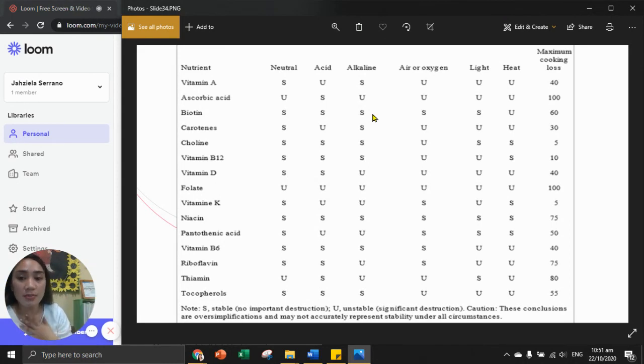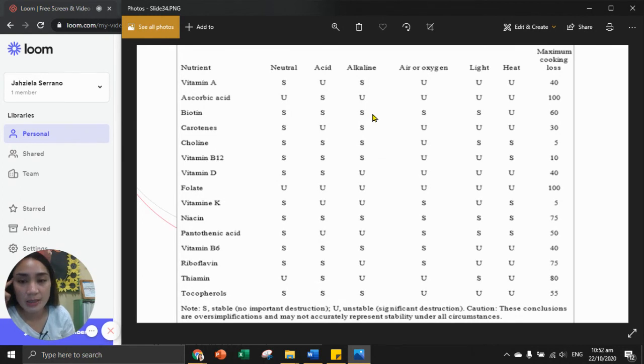So, yung mom ko, ginagawa niya yun whenever nagkakaroon ng masakit na lalamunan yung daddy ko. So, nag-aano siya ng calamansi sa apoy. And then, in my mind, sabi ko, unstable naman kasi calamansi is high in vitamin C. So, unstable naman yung vitamin C sa heat.